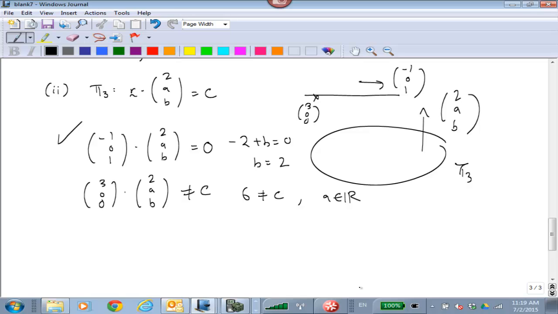The condition is done. Why? Because if the line is not parallel to the plane, confirm. This one will lead to one common point. Is it okay?